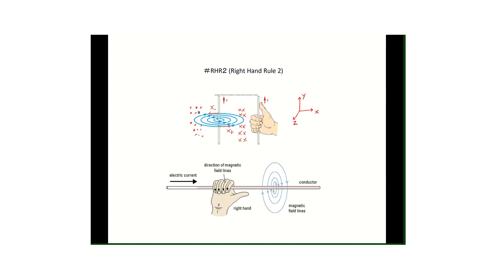You can draw the direction of the magnetic field as circular like this, and the direction is clockwise. By using your right-hand rule, in this area it's into the page, and in this area it's out of the page. You can easily use your right hand to determine the direction of the magnetic field.